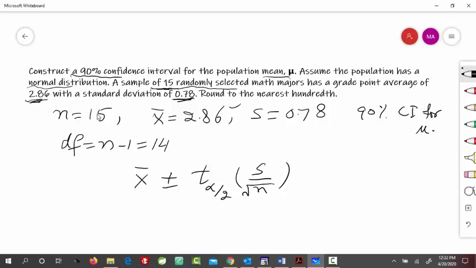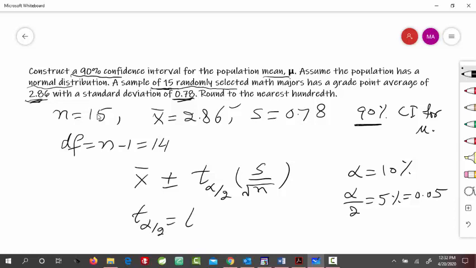Because the confidence interval is 90%, it means that alpha is equal to the remaining 10%. So alpha by 2 is equal to 5%, or 0.05. So this t sub alpha by 2 would be equal to t sub 0.05, and this value we have to find.